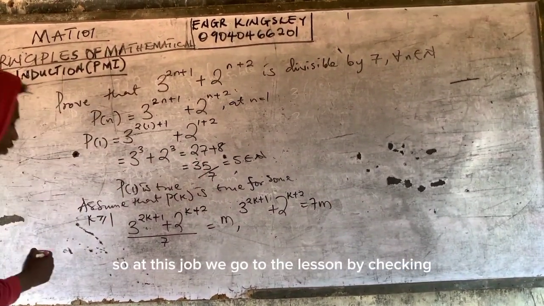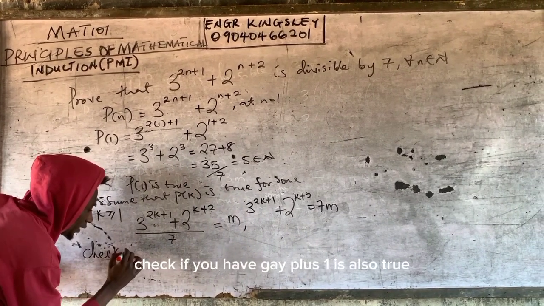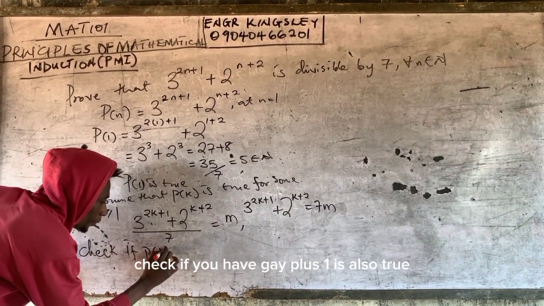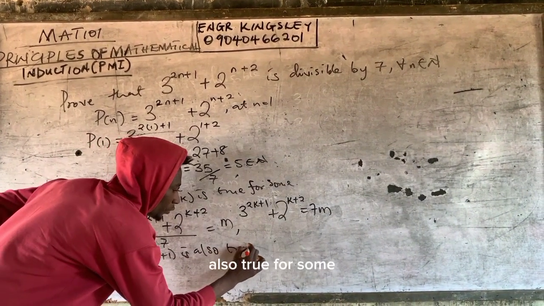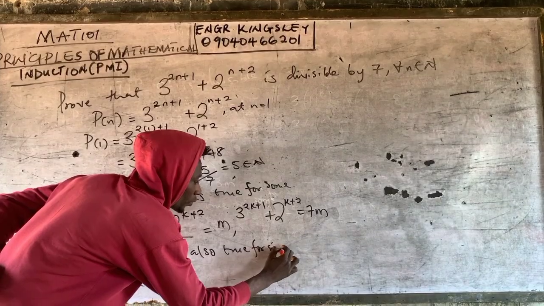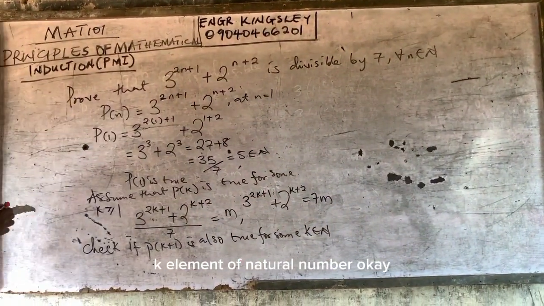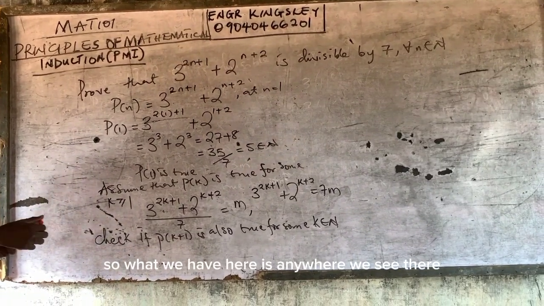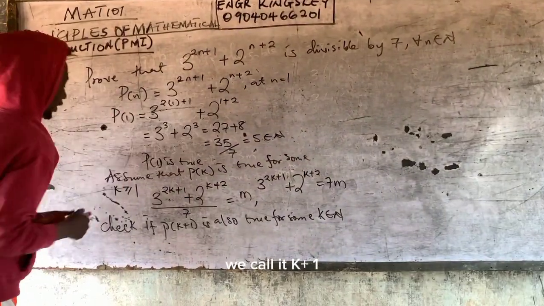At this juncture, we go to the next step by checking if P of k plus 1 is also true for some k element of natural number. Anywhere we see n in this practice problem, we call it k plus 1.